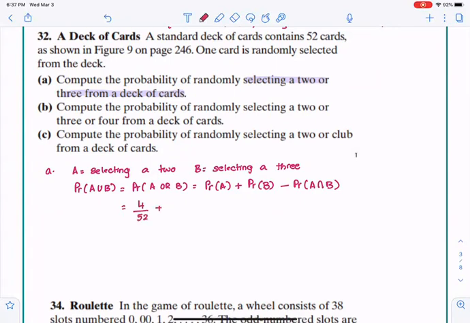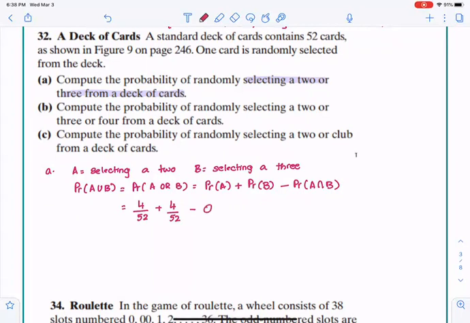Probability of B is selecting a 3. So each suit has a 3 in it. So in total, we have 4 out of 52, same as A, minus the probability of A and B occurring at the same time. Well, you're picking only one card, and that one card can't be a 2 and a 3 simultaneously.